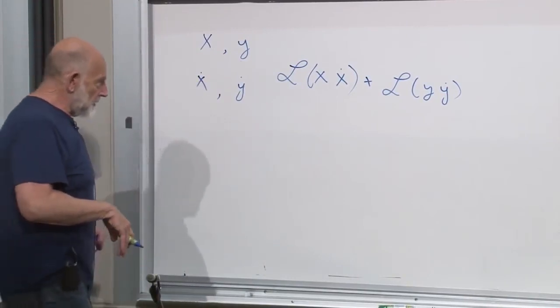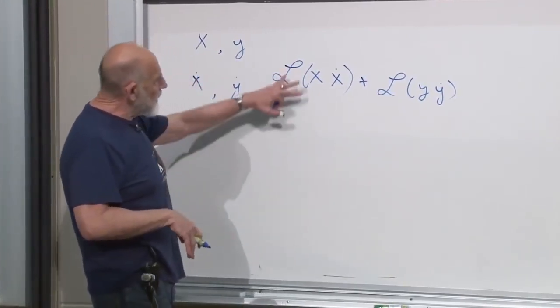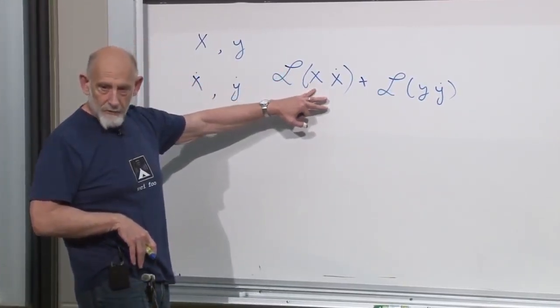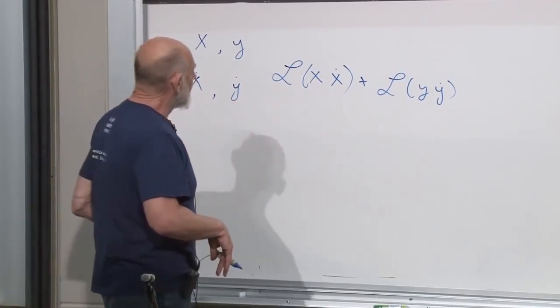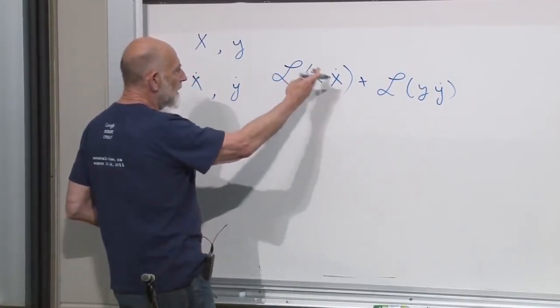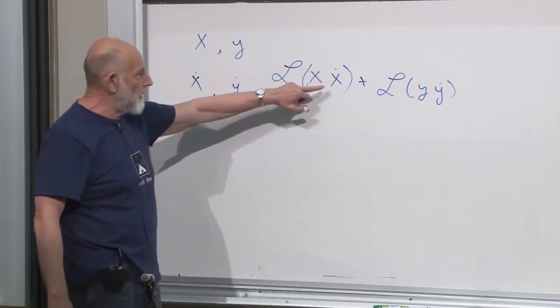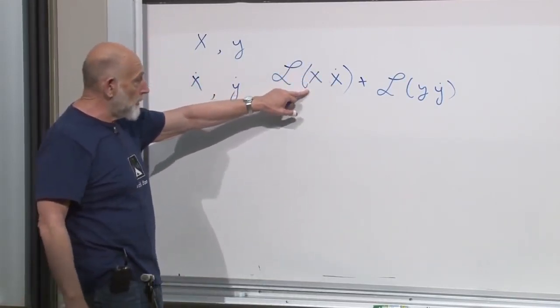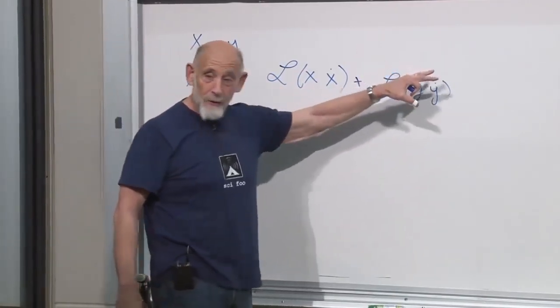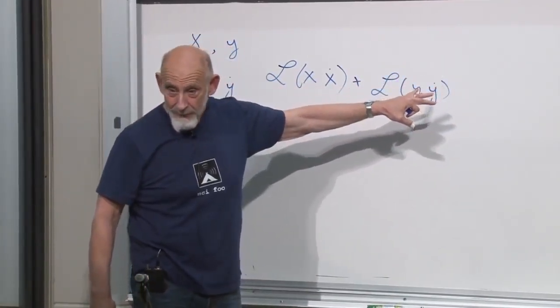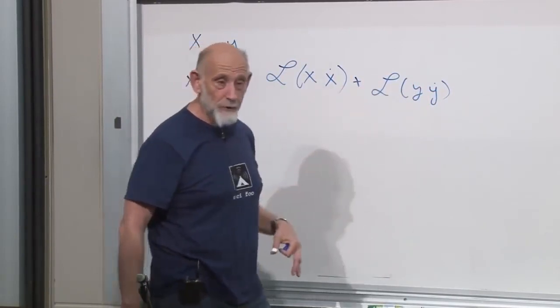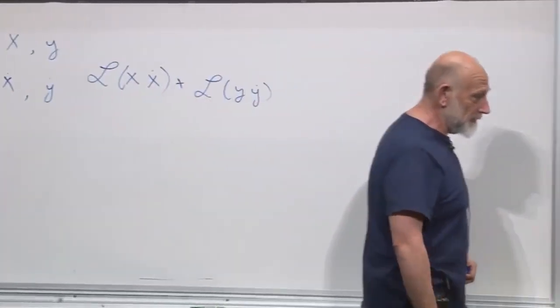If this is the case, and you look at the equation of motion for x, let's write it down, then that equation of motion will involve d by dt of partial of L with respect to x dot is equal to partial of L with respect to x, and y won't get into it at all. Likewise, if you write the equation of motion for y, x doesn't get into it.